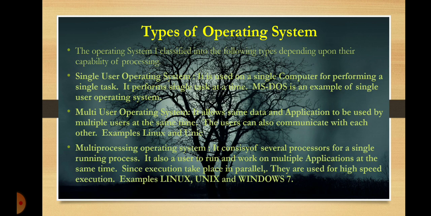Next is multi-processing operating system. It consists of several processors for a single running process. It allows the users to run and work on multiple applications at the same time. Since execution takes place in parallel, they are used for high speed execution. For example, Linux, Unix, and Windows 7.